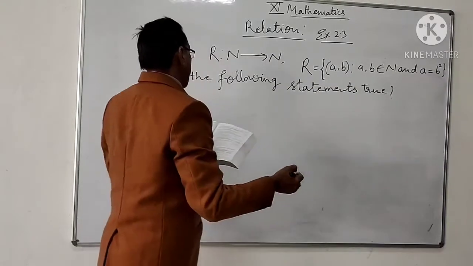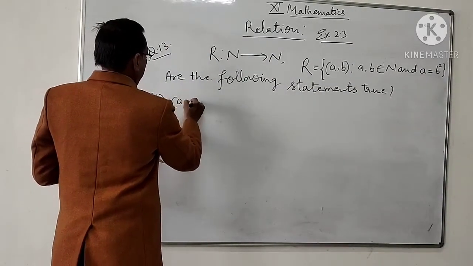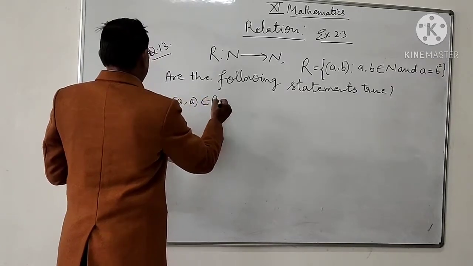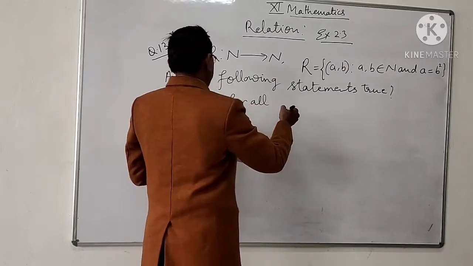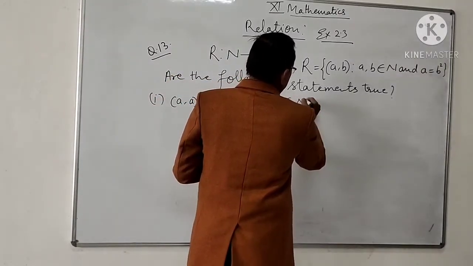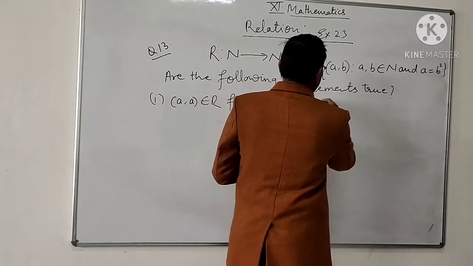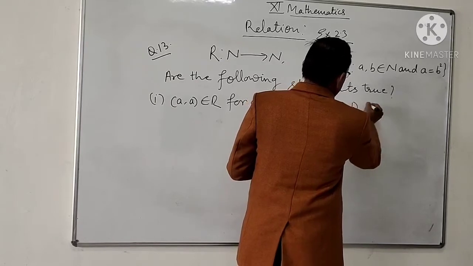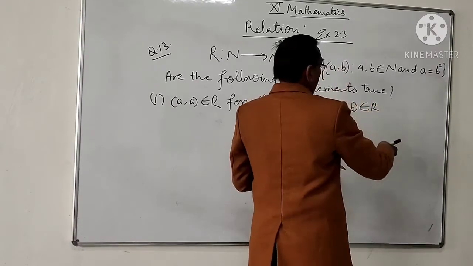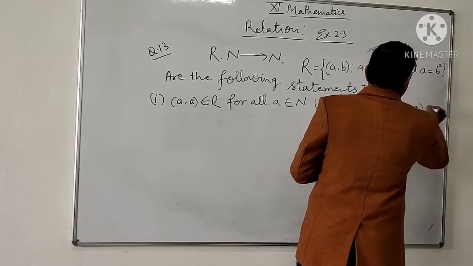First statement is (A, A) belongs to R for all A belongs to N. Second statement: (A, B) belongs to R; you have to tell whether (B, A) belongs to R or not.